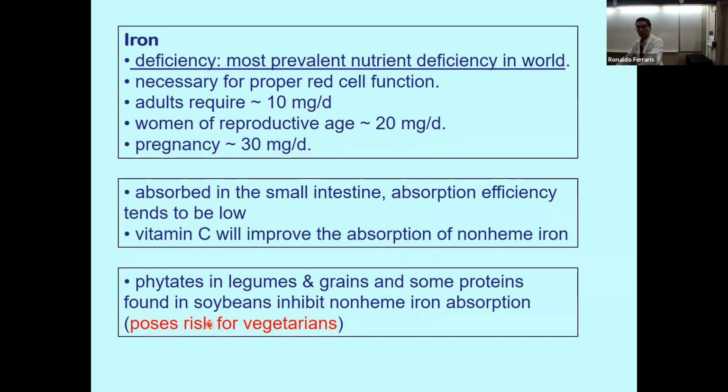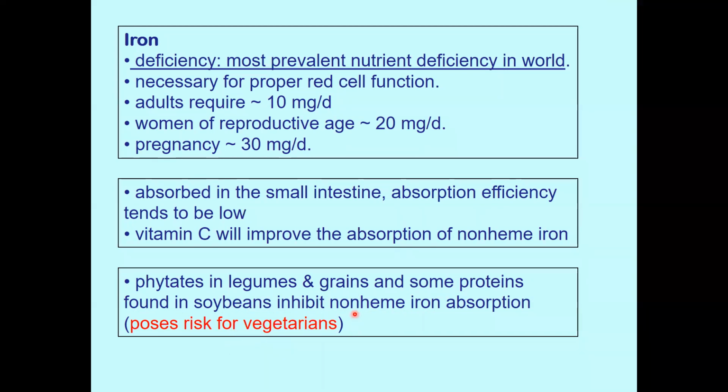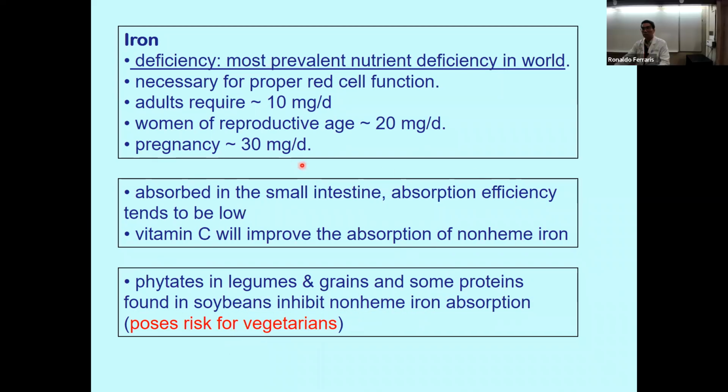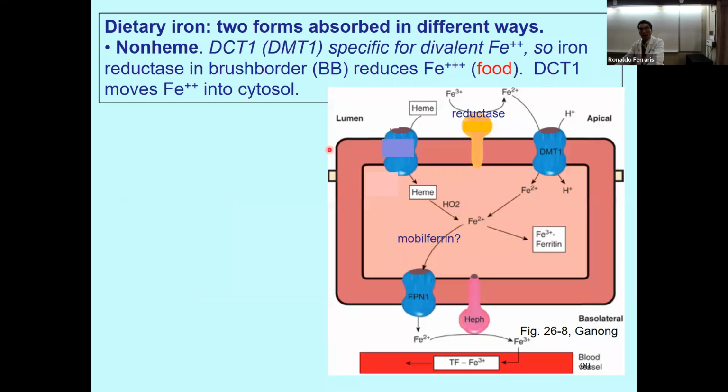In fact, my own daughter has been a vegetarian for over a decade, and she's now pregnant, and her OBGYN is supplementing her diet like crazy with iron tablets. Iron tablets are non-heme iron.